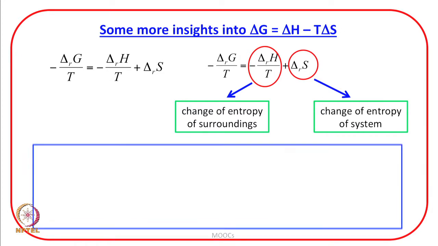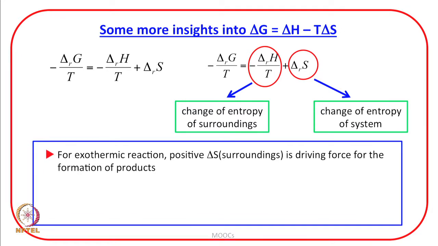Let us first consider an exothermic reaction. When a reaction is exothermic, the heat is given out. If the heat is given out, that means entropy of the system decreases. And if the entropy of the system decreases, we have many times discussed that the entropy of surroundings must increase.